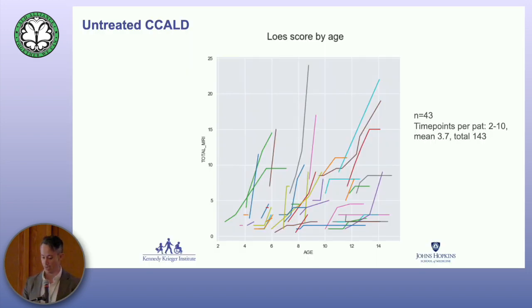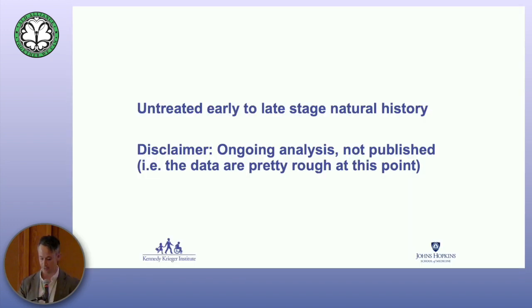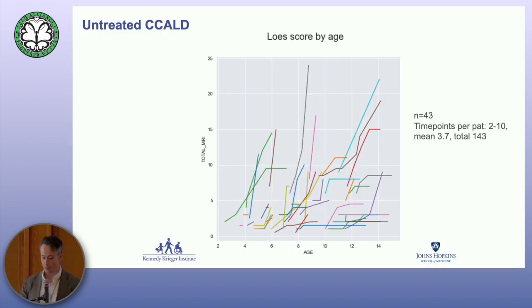And so this is from KKI. This is the first time I'm showing this slide, and I want to highlight this disclaimer first. The analysis is ongoing; it's not published, and that really means that the data is really rough at this point. So take everything with a grain of salt. But this is data from 43 patients with childhood cerebral ALD, with a mean number of scans per patient of about 3.